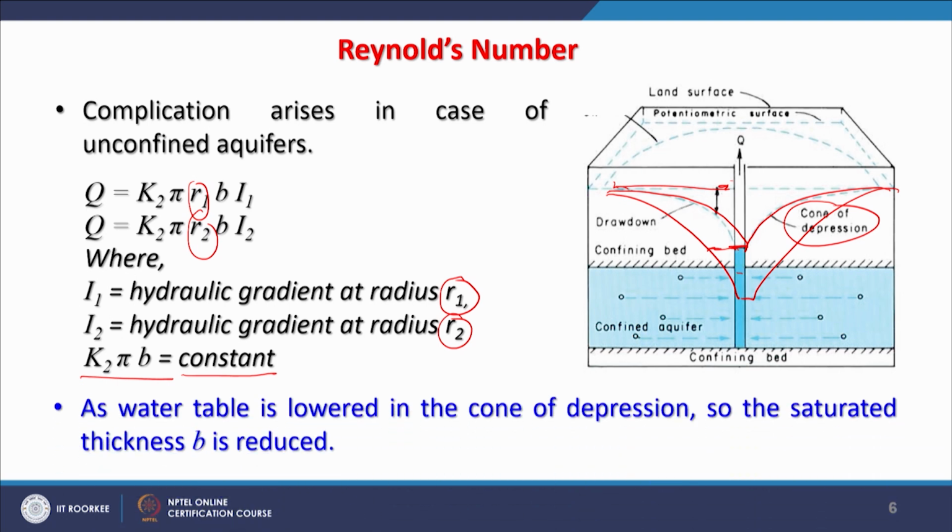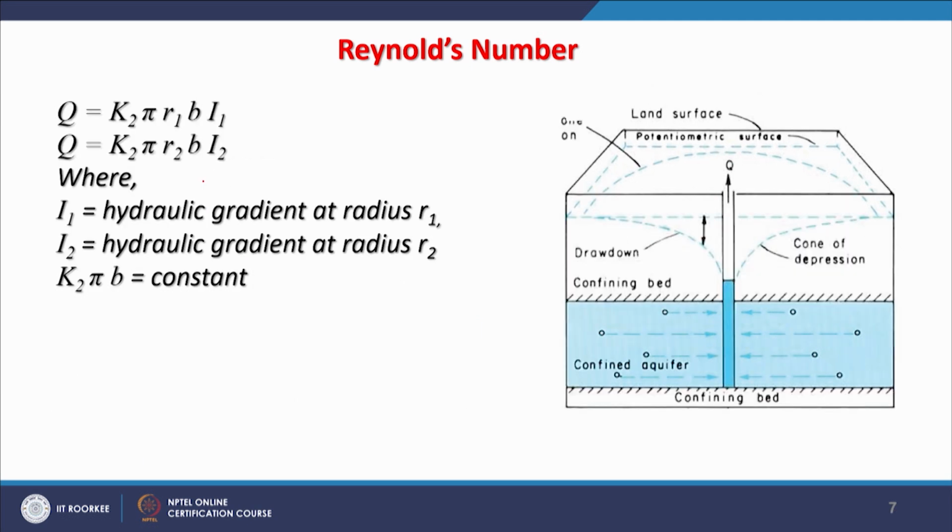The water table is lowered in the case of a cone of depression, as you can see here, and so the saturated thickness B is reduced. In unconfined aquifer conditions that might go lower and your B will be reduced accordingly.